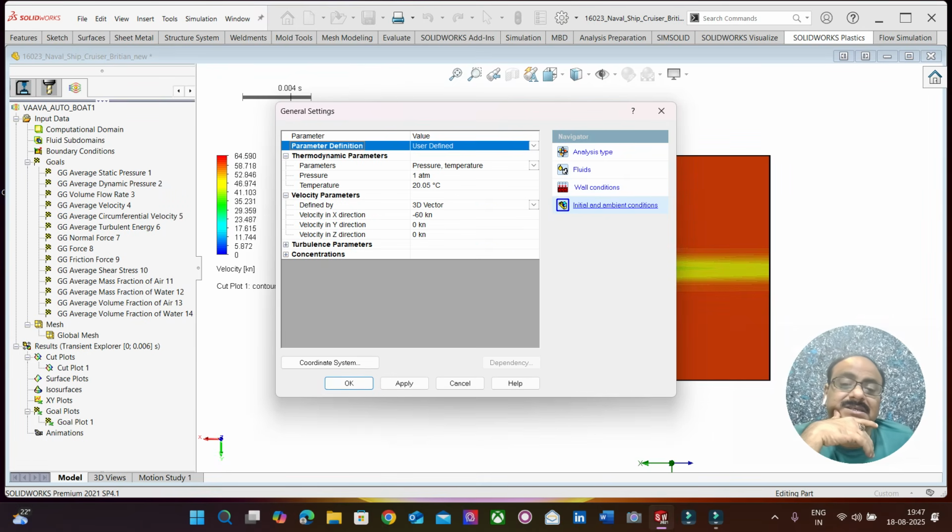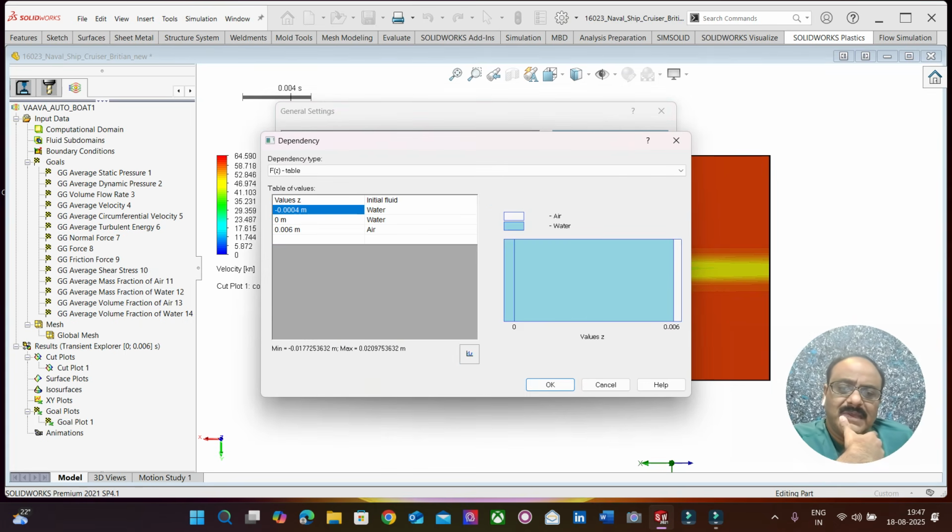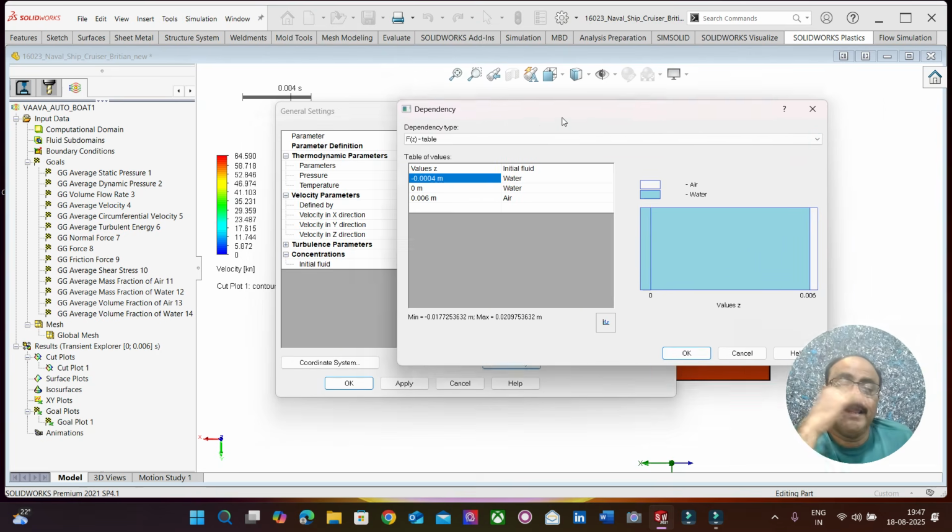Then I have the other conditions. The velocity across the x direction is going to be 60 knots, and then I also have the concentrations, the initial fluid. The initial fluid that the submarine is going to be in contact with is water, and then there is going to be air on the top.